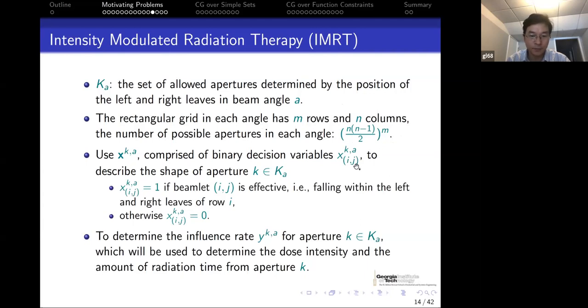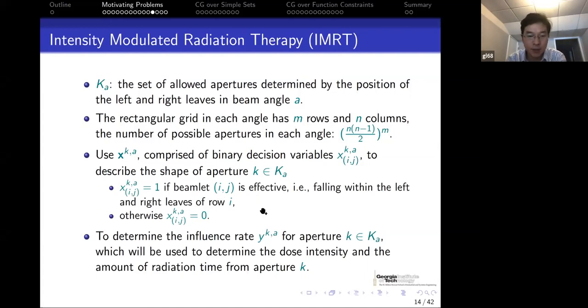The shape of the aperture is described by the binary variables x_{k,a}. x_{k,a} equals 1 if the beamlet ij is effective, and 0 if it is not effective.